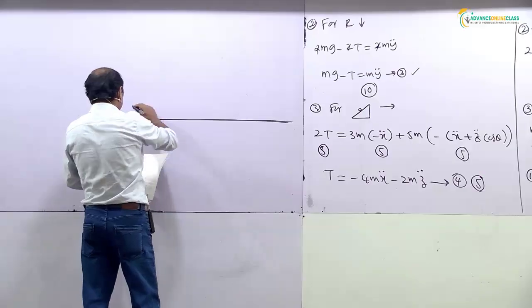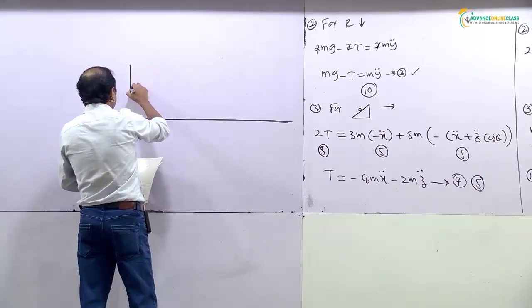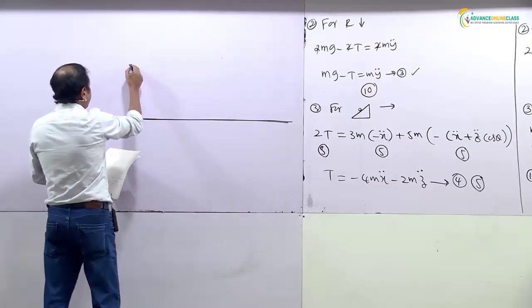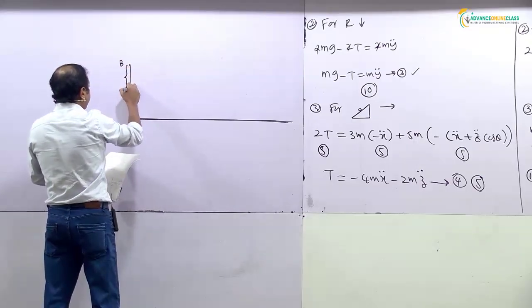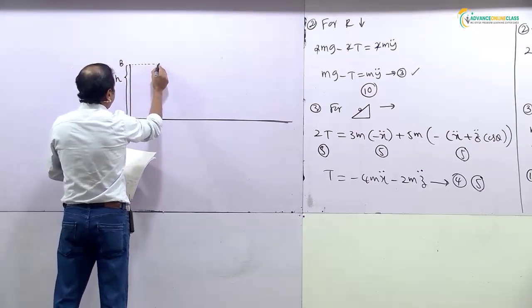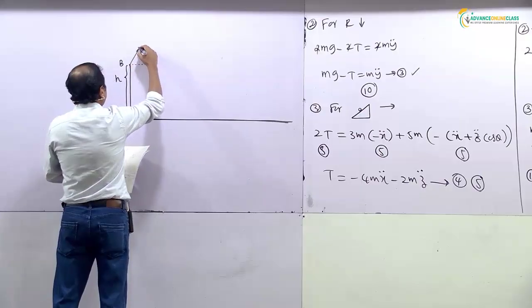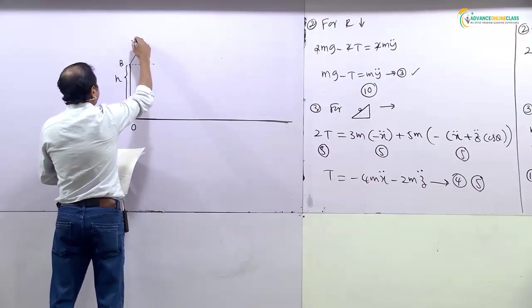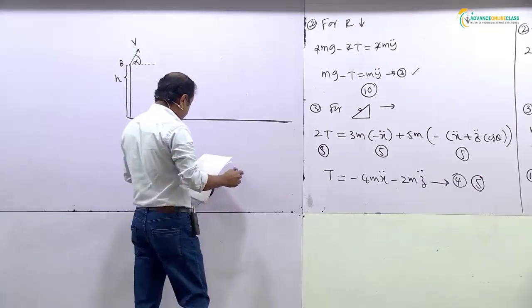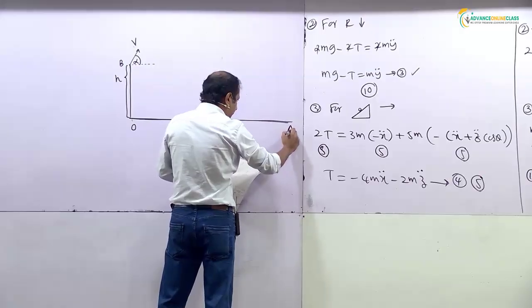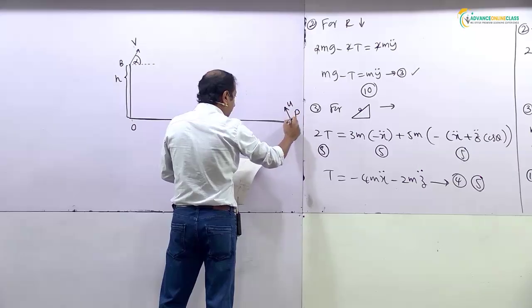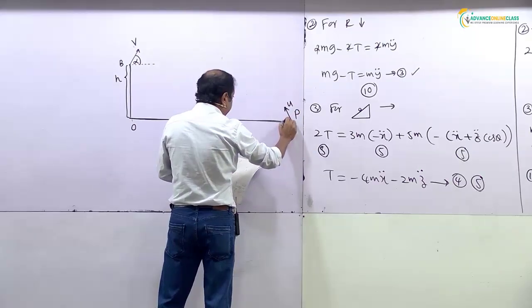Here O at a height h. Here the point B. Projected with velocity v. This angle given as alpha. And here A. Particle is projected with velocity u.